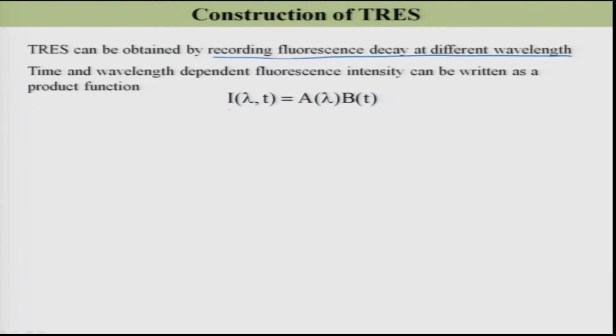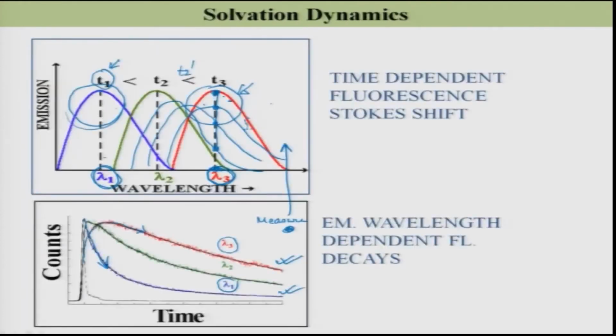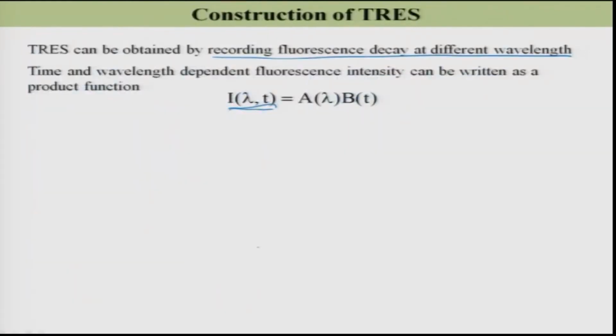And this is my fluorescence decay, I is a function of lambda and t, because it is also a function of lambda, because at different wavelengths, emission intensity is different, as I showed here. This is for lambda 1, this is for lambda 3, that means it depends on the wavelength, and also it depends on the time, that is because of its natural lifetime, 1 over kr plus knr.